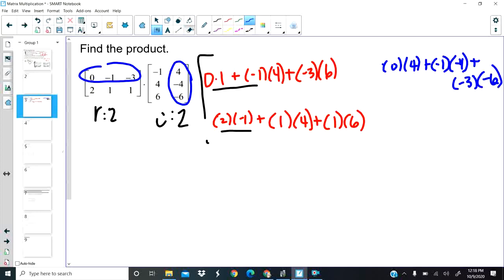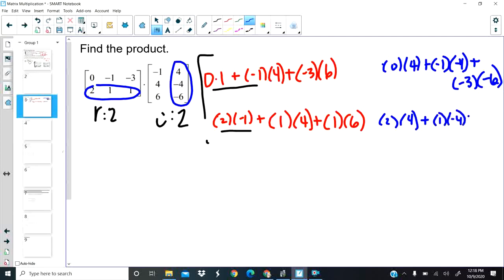And then for row 2, column 2, I'm going to need to use row 2 from my first matrix times column 2 of my second. So for that one, I would have 2 times 4 plus 1 times -4 plus 1 times -6. And then that would end my matrix.